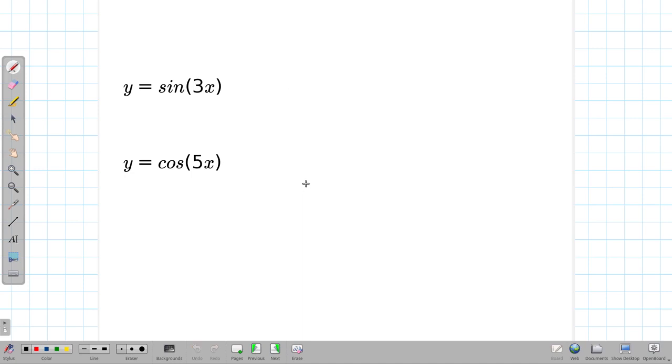So moving on to the next bit. Now I've added another level of complication here. We've got 3x in the brackets. So let's have a look. It starts off fairly similar. So dy dx equals, again, the opposite function, so-called. Now the thing to remember is the stuff inside the bracket stays the same.